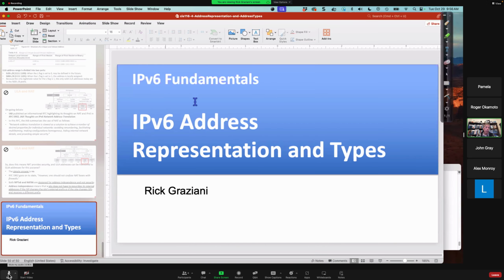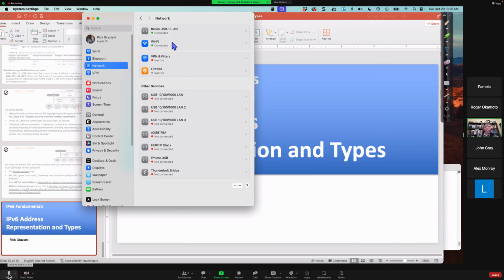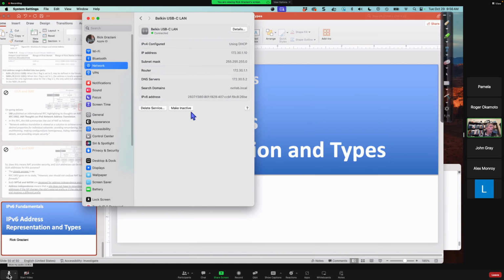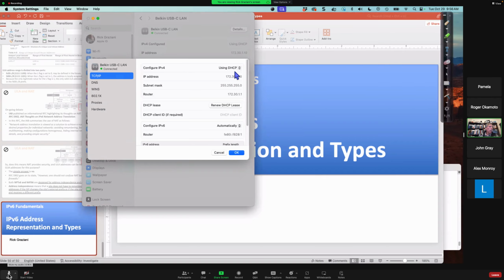We will see that in the world of IPv4, when we choose IPv4 here, let's see if I can. Okay, here's my IP.